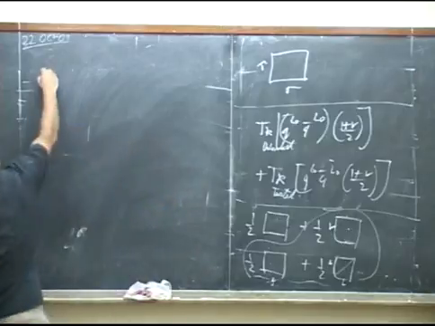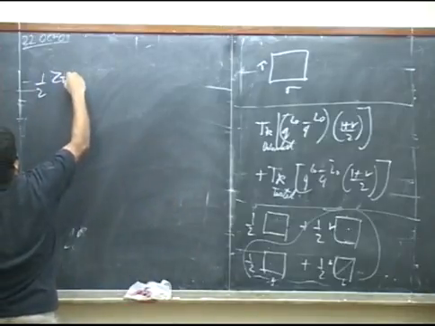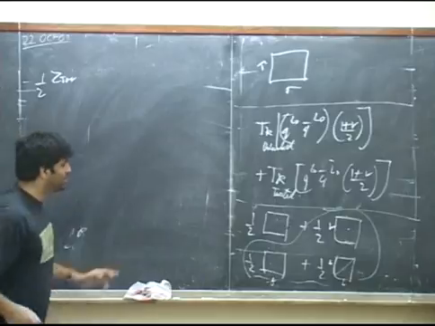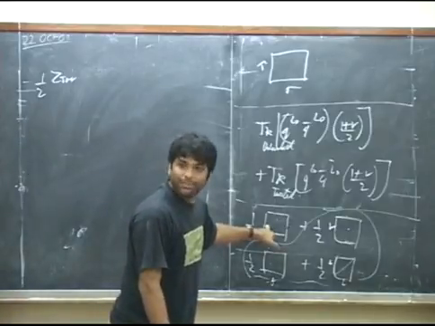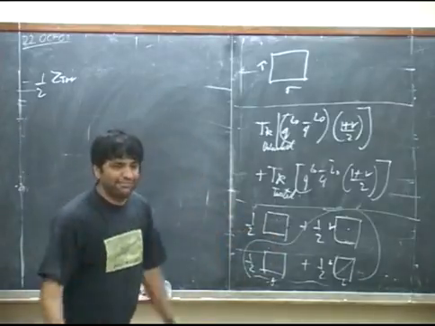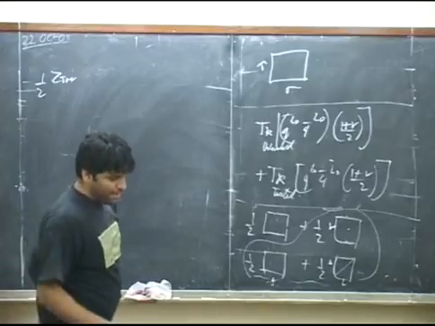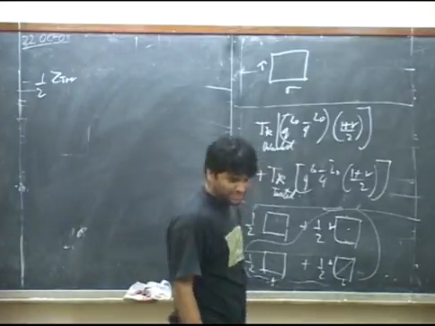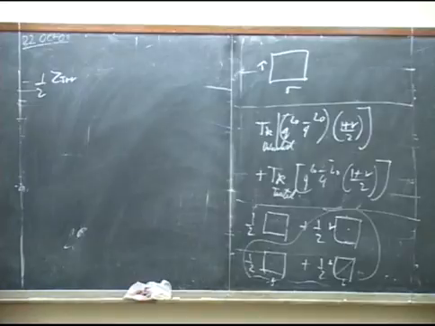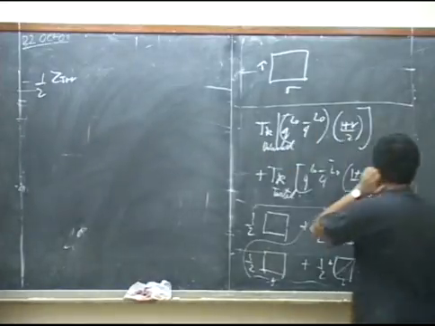So we get half of Z total, which is just this term, the circle compactification without any fancy stuff. Okay, but then we get additional stuff. So what's the additional stuff? Well, the additional stuff comes from, let's say, this guy.